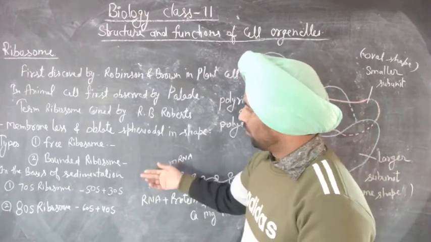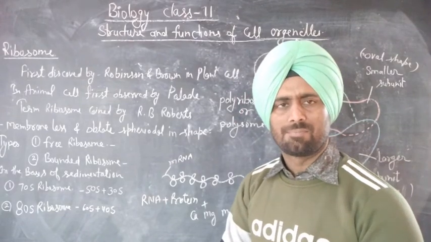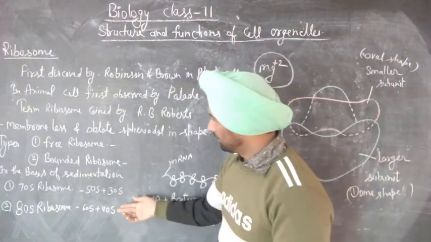On the basis of sedimentation coefficient, ribosomes are further of two types.